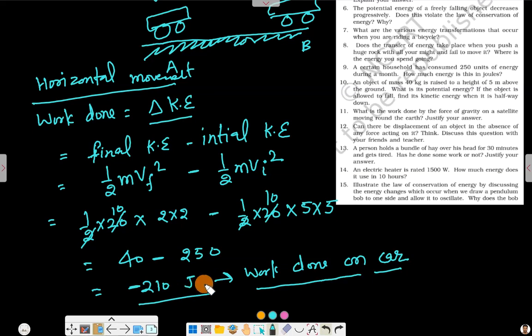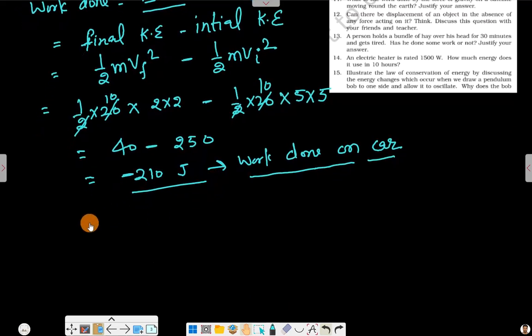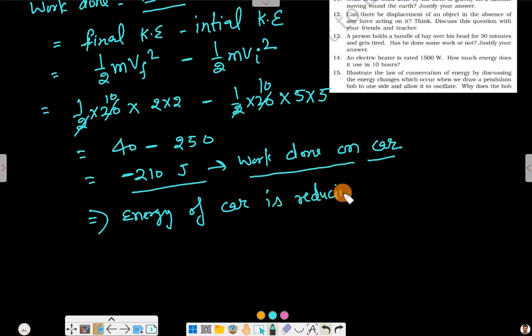Work done on the car is negative, which implies that the energy of the car is reducing. Energy of the car is reducing, and so its velocity is also reducing, which we can see as the final velocity is 2 and the starting velocity is 5.